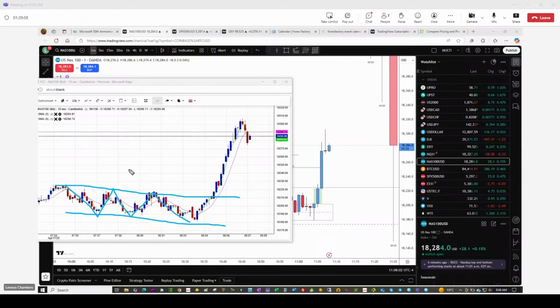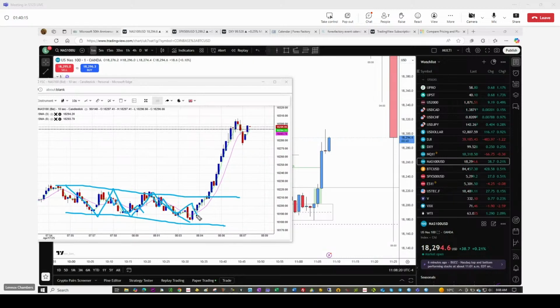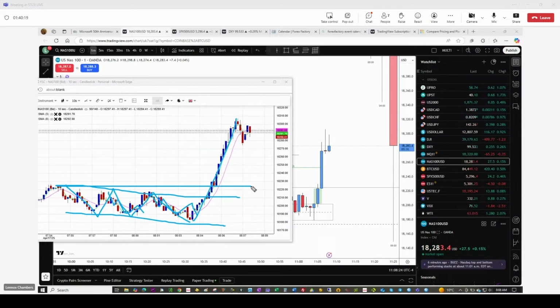They're chopping it up and down like that, but there are 1, 2, 3, 4, 5 waves, and so on. It's very difficult for you to see that on the 1 minute time frame. Then you get the expected move, because they want to take out these guys up here.